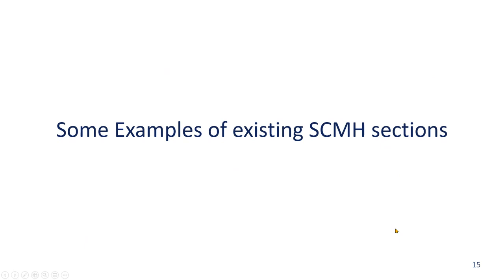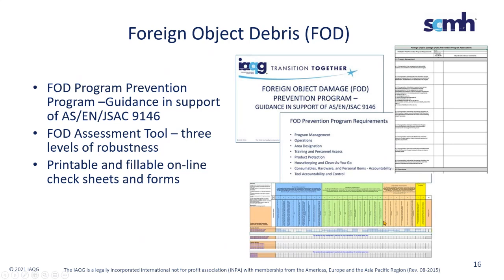And now just to share a few examples from the existing SCMH sections, or topics we call them now, SCMH topics. So we have FOD, foreign object damage. You can see here that there's an actual tool, there's a Word document, there's a presentation for people to understand it, there's questionnaires.